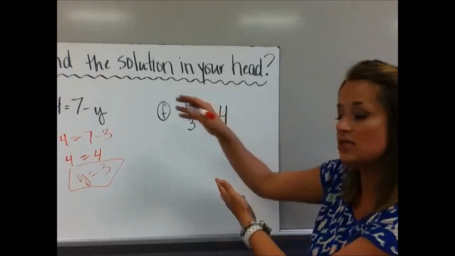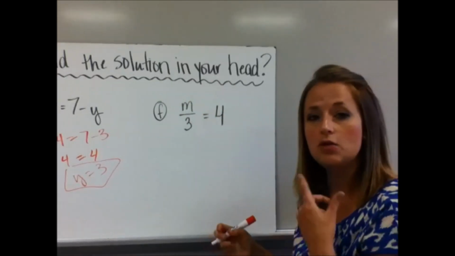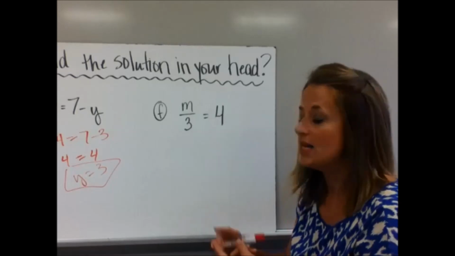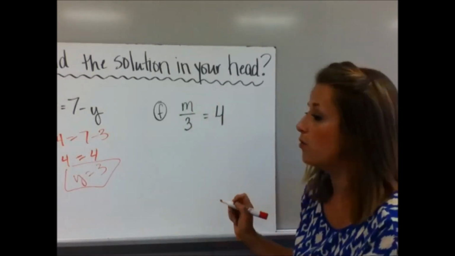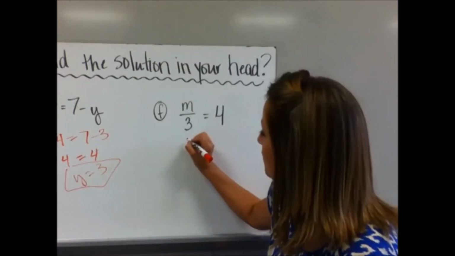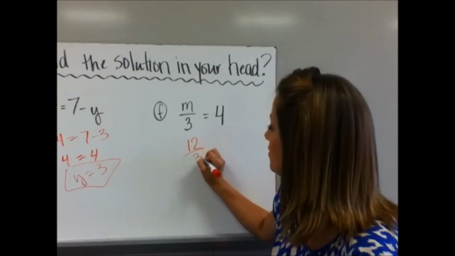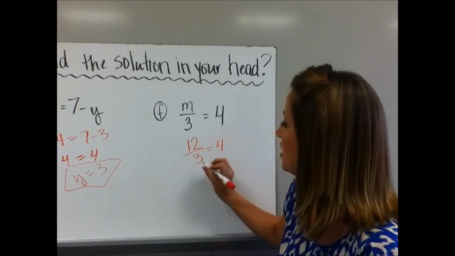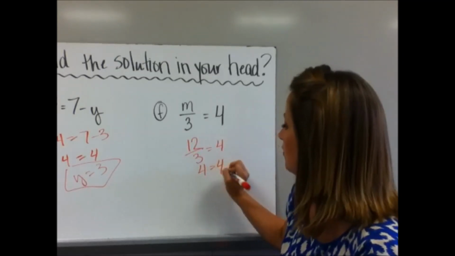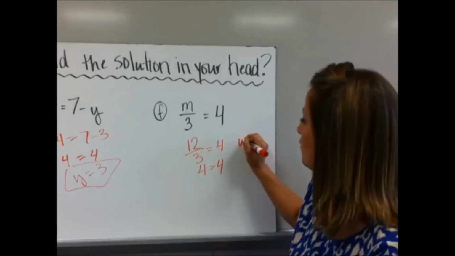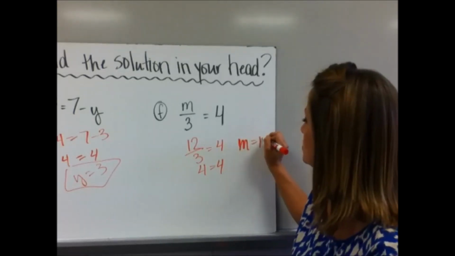The idea with doing these in your head is you take something you guess, you check it in your head, and you see, does that make a true equation? So we thought about 12, so if I put 12 in there, 12 divided by 3 is 4, 4 equals 4, so therefore M equals 12.